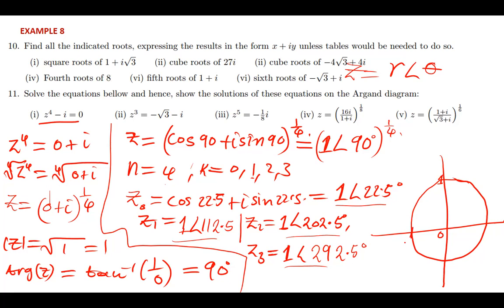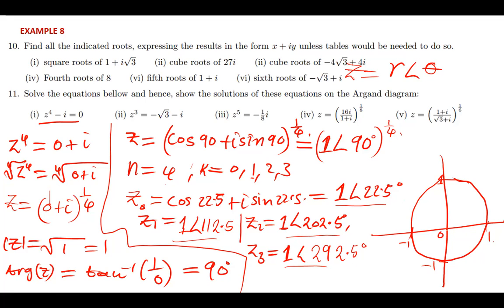I have -1 there. I have -1 there. I have 1. Then from there, we can start putting in the complex numbers. So Z0 is simply just, the angle for Z0 is 22.5.